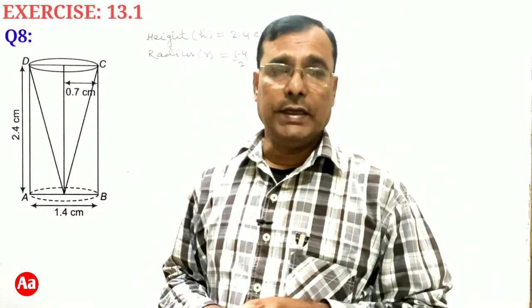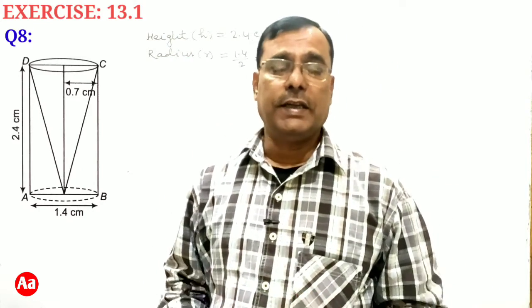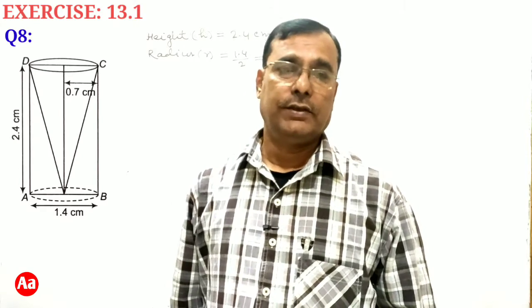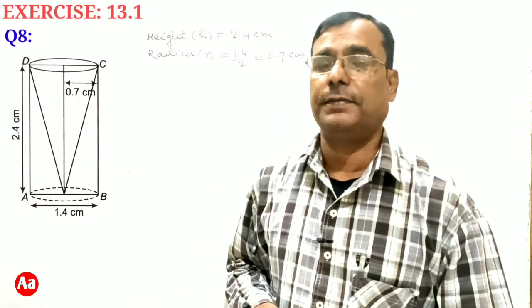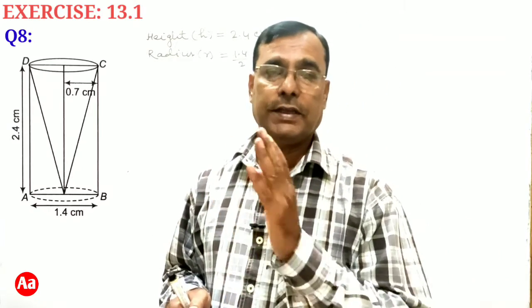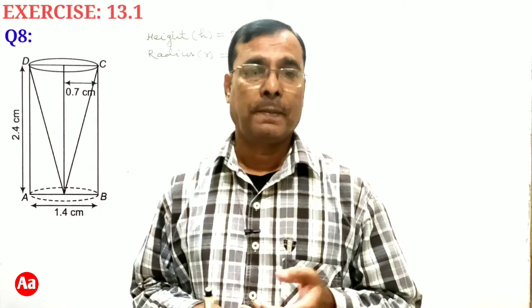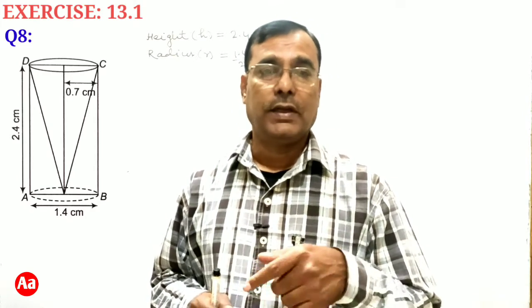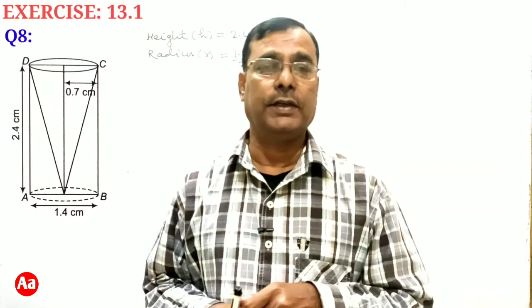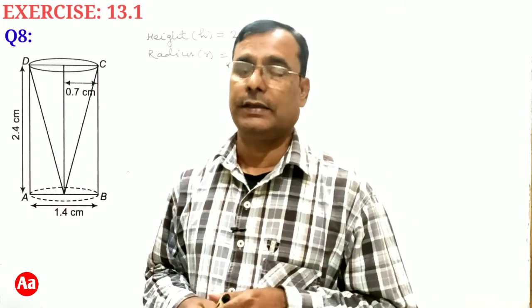We have to calculate the surface area of the remaining solid. In the remaining solid there are three types of surface areas: the curved surface area of the cylinder, one circular end pi r square, and the curved surface area of the conical cavity.